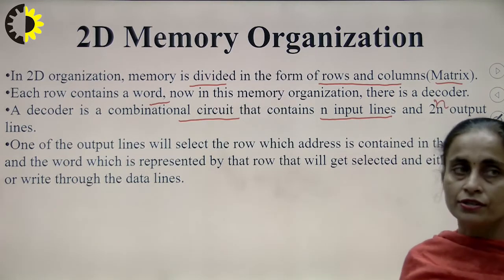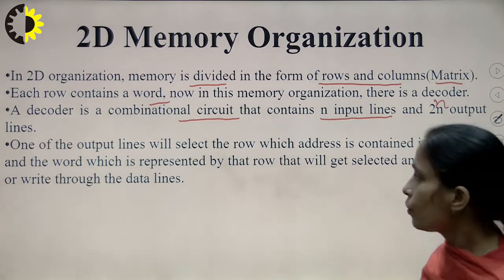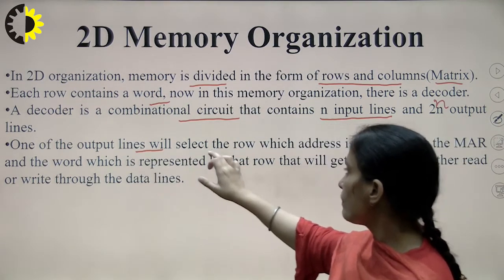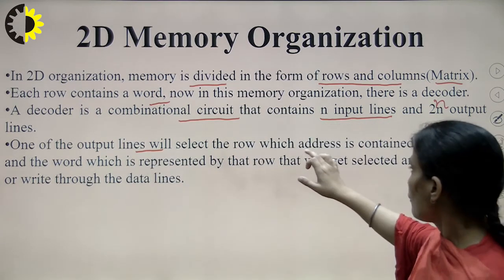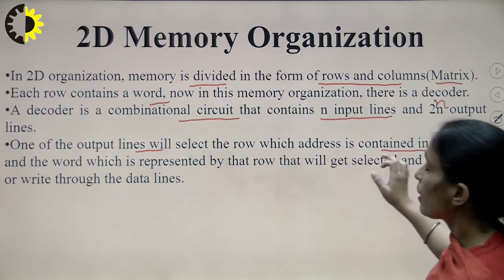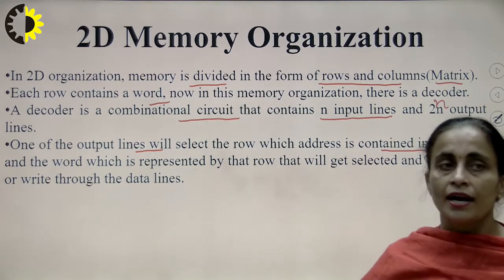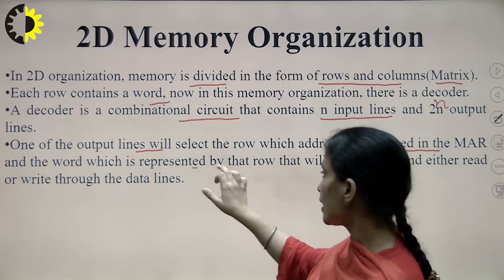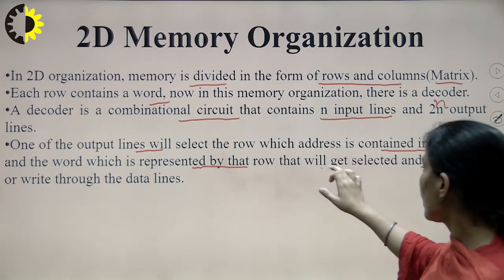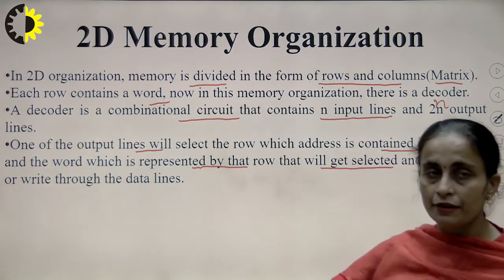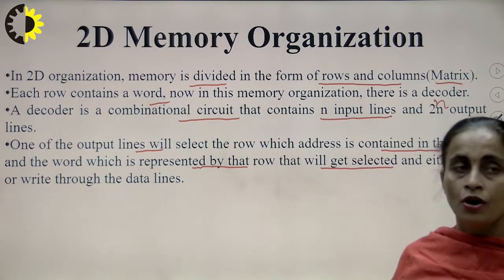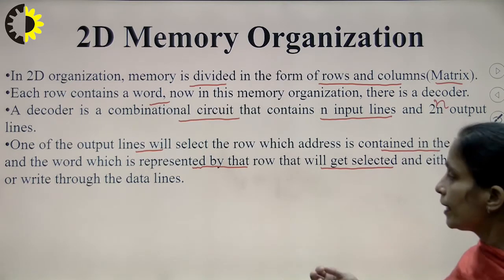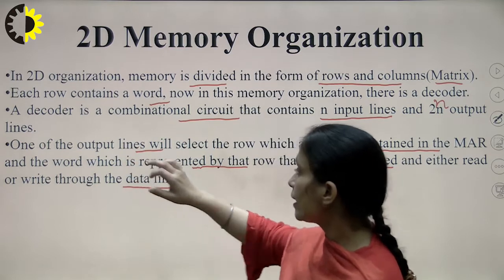We know the functioning of a decoder now. One of the output lines will select the row whose address is contained in our memory address register, and the word represented by that row will get selected, and we will perform either the read operation or the write operation through the data lines on that selected word.